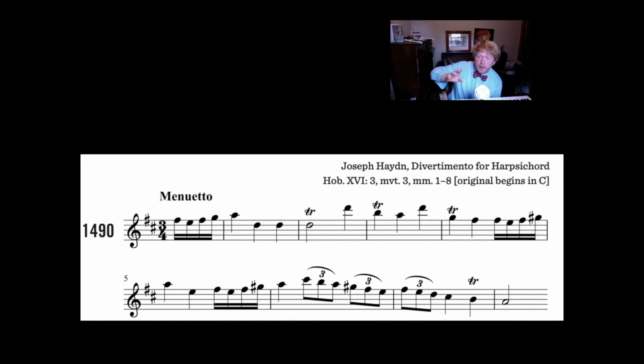Where I think you're going to switch solfege on the pickup to the second line, so the pickup to measure 5, where this won't be mi, re, mi, fi, but you could rather call it la, so, la, ti, do, so, la, so, la. Okay, I think that's where you would switch.